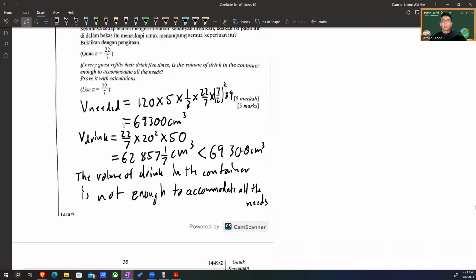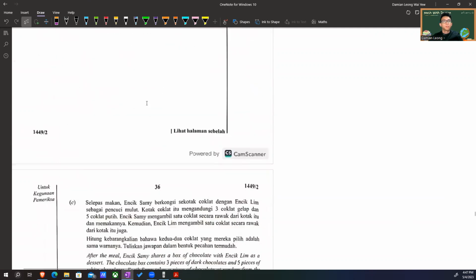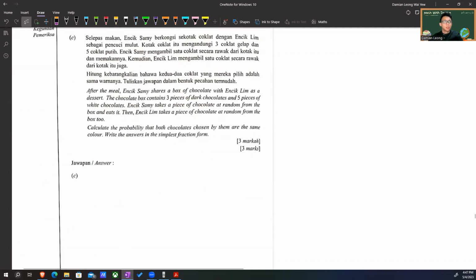Yeah, it's not enough because the volume is less than the volume needed if each person refills the drinks 5 times when there's 110 guests. Okay. Then part C.